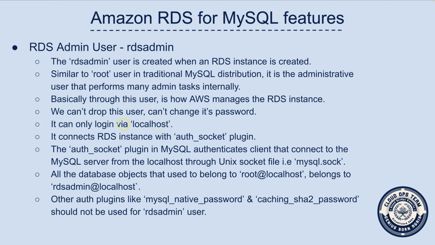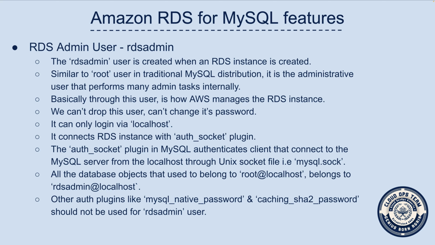It connects to the RDS instance with the auth_socket plugin, and you know that this auth_socket is one of the authentication plugins, and this plugin authenticates only the clients that are coming from the localhost where the RDS instance, the MySQL engine, is running.